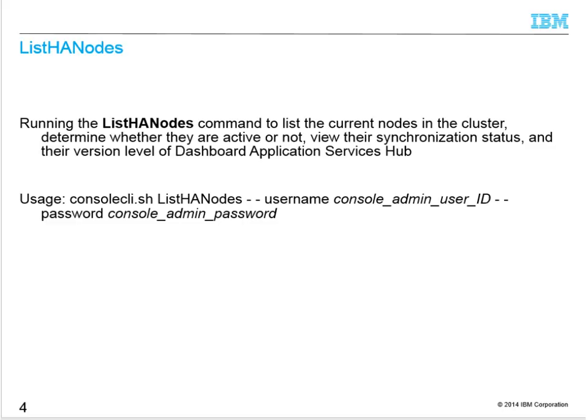Running the list.ha node command lists the current nodes in your cluster and determines whether they are active or not, shows their synchronization status, and their version level of the Dashboard Application Services Hub.